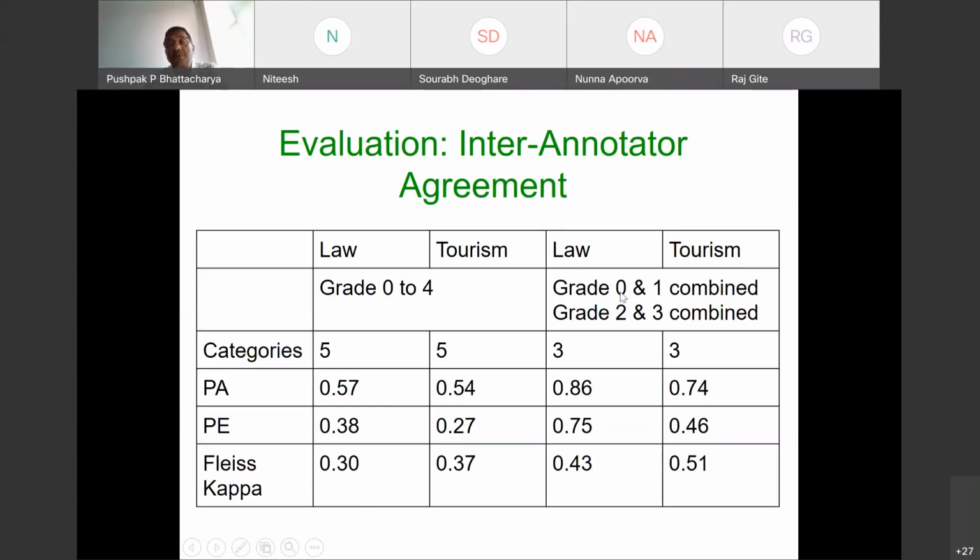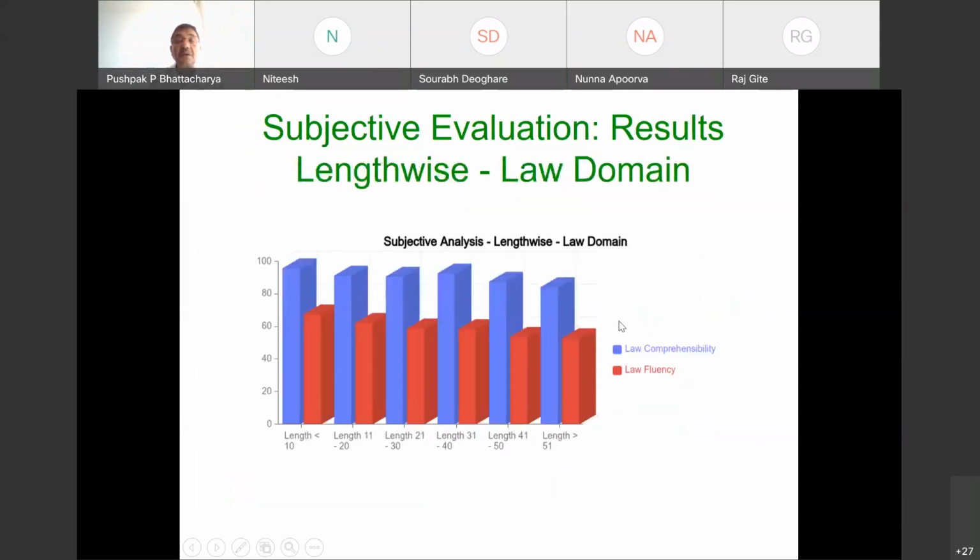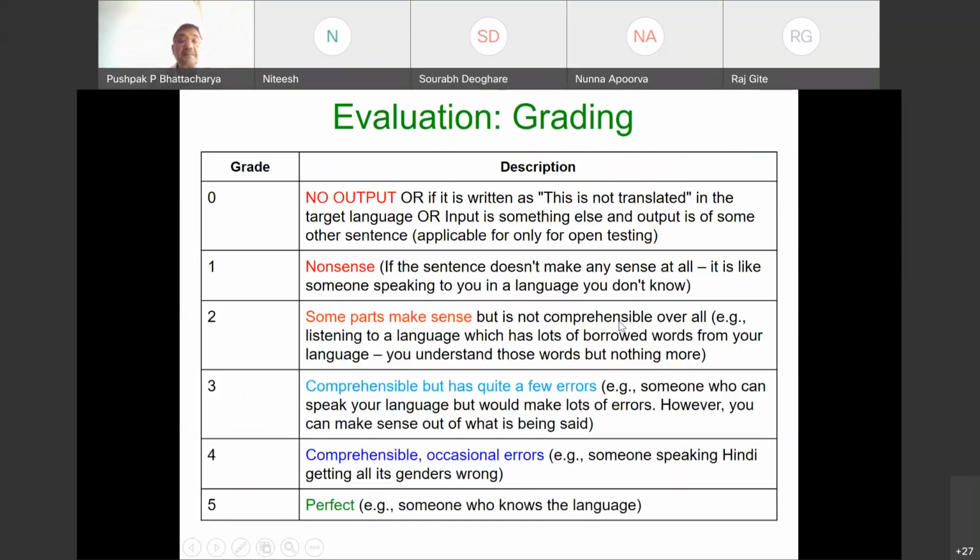Grade 0 was no output and 1 was nonsense. Okay, so we combined these grade 0 and grade 1. A much more desirable combination was combining grade 2 and 3. So grade 2 and 3, you'll recall, are the following. 2 is some parts make sense, and 3 is comprehensible, but has quite a few errors.